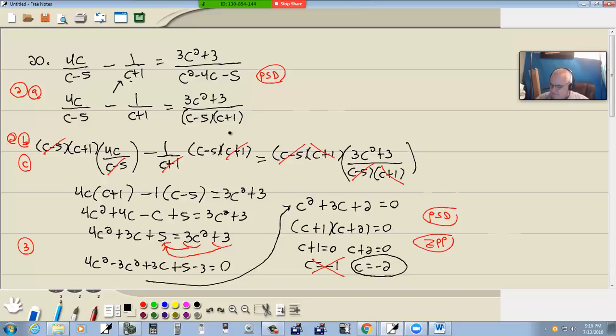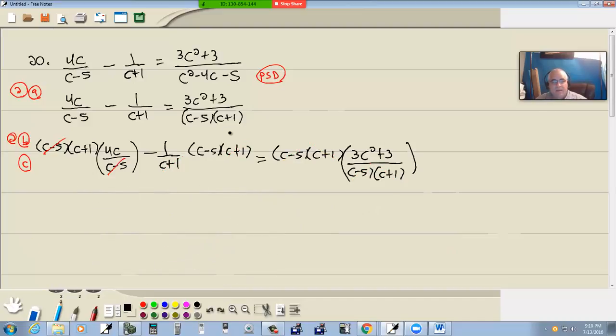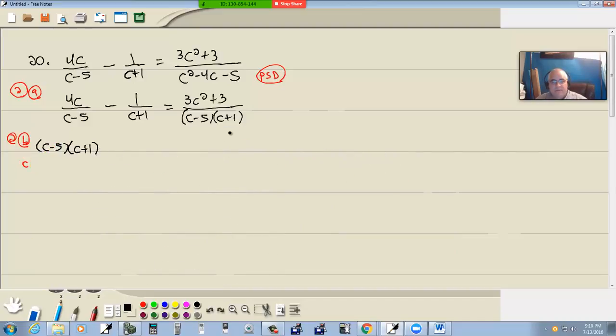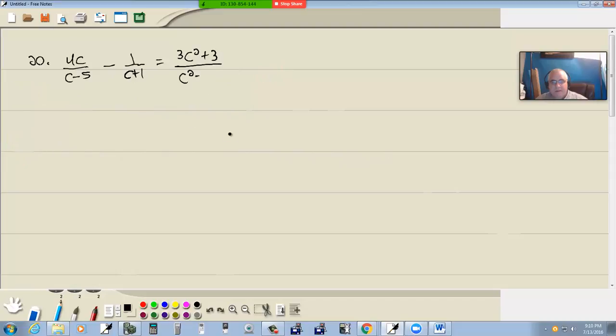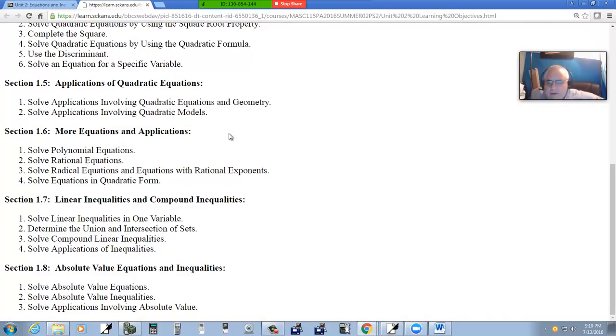Okay. Again, nothing new stepwise there. This problem becomes a little harder. Let me clear that off. I think the next topic is radical equations and equations with rational exponents.